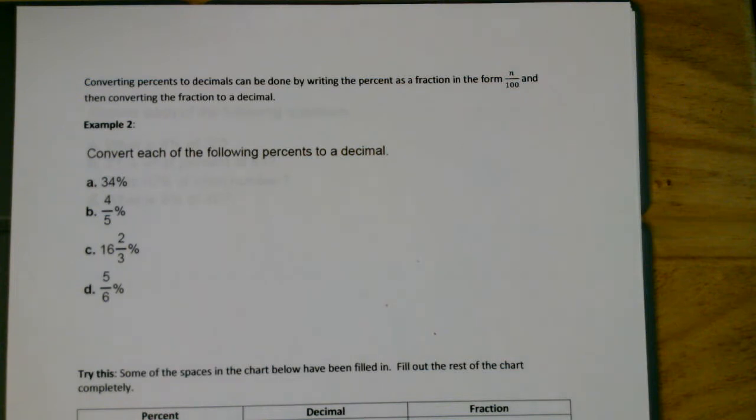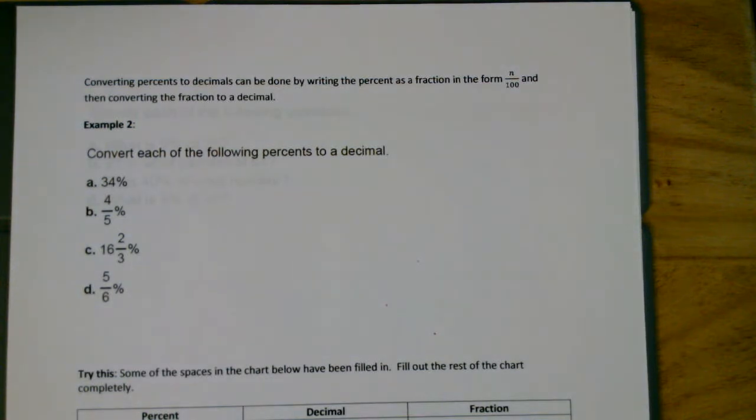converting percents to decimals can be done by writing the percent as a fraction in the form of n/100, and then converting the fraction into a decimal. Okay, so in this case here, if I want to convert each of the following percents to a decimal, that can be done.